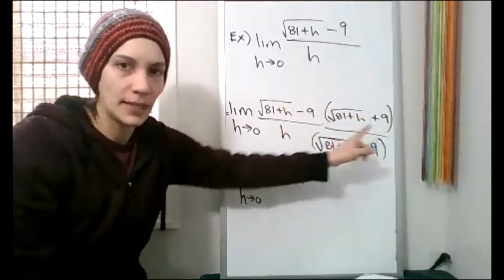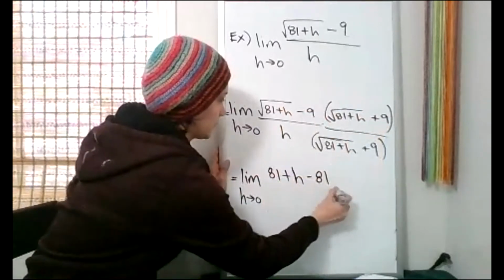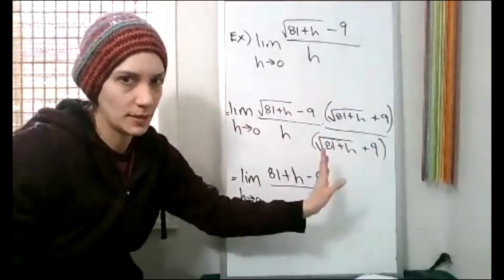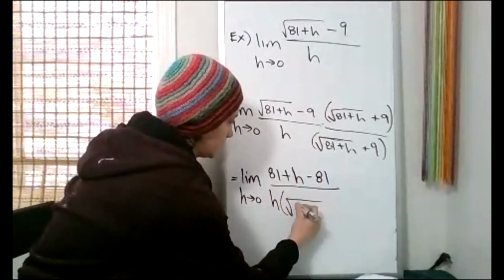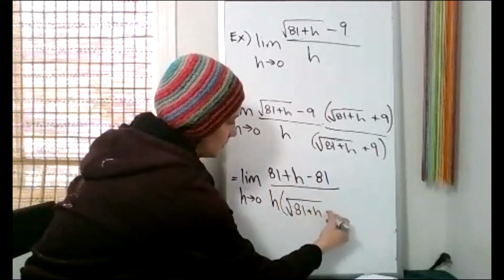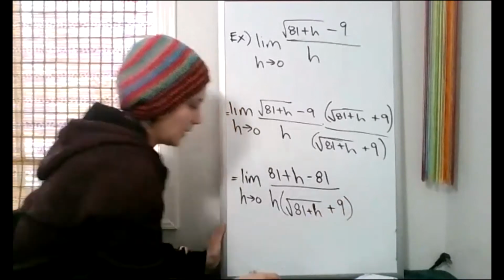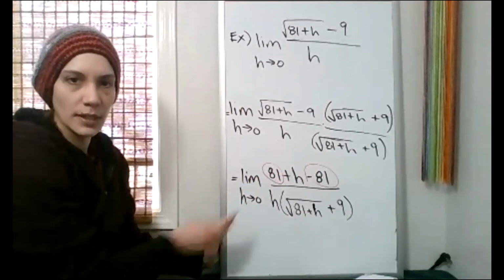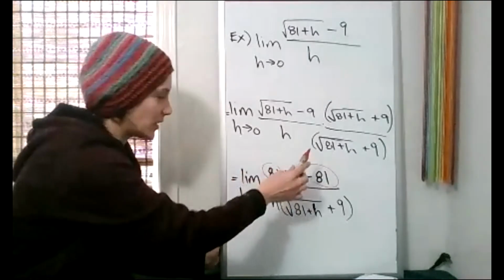And then a minus 81. And then we're just going to write h times all that stuff. Okay, this and this add up to 0. This h over h is going to reduce and leave 1 in the numerator.